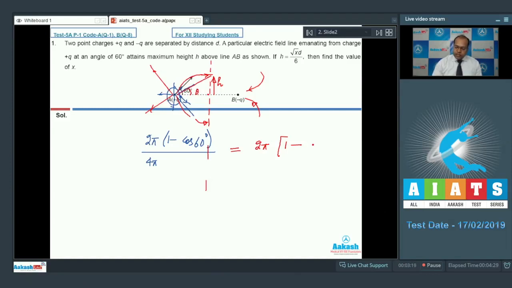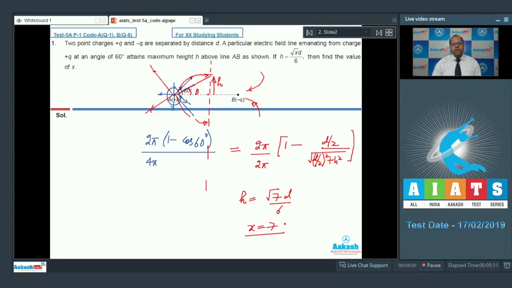So cos theta is base, that is d by 2, divided by hypotenuse, which is root of (d by 2) whole square plus h square, divided by 2 pi, because the total solid angle for this plane is 2 pi. If I solve this equation, the value of h comes out to be root 7 d by 6. So on comparison, the value of x is equal to 7. So the correct answer for question number 1 is 7.